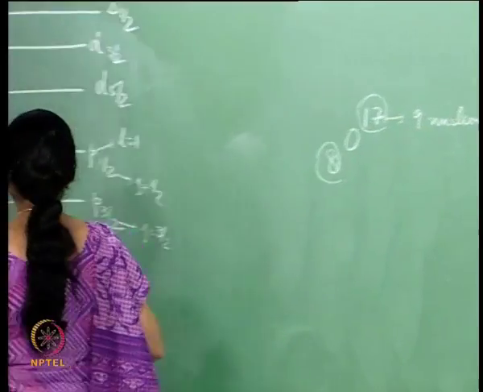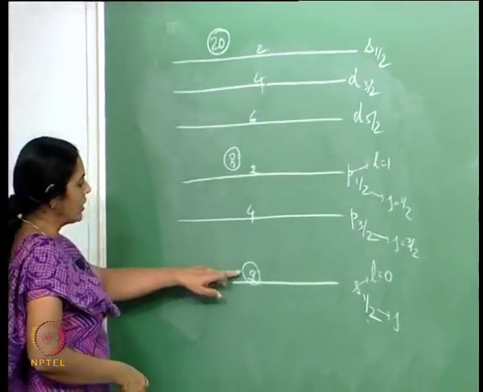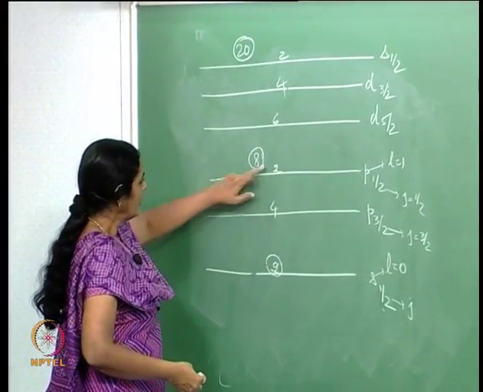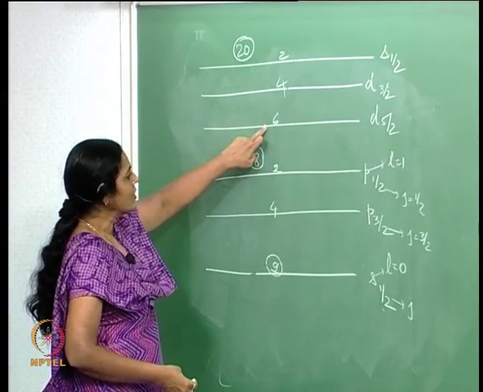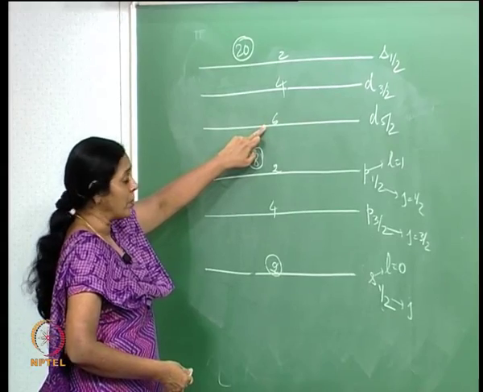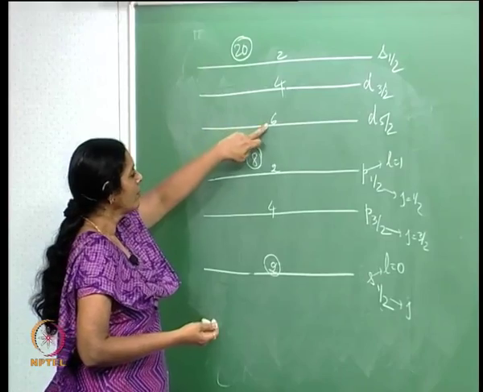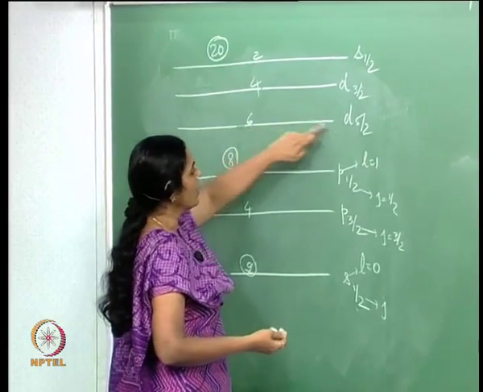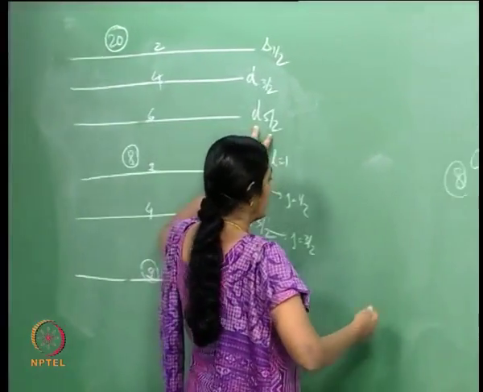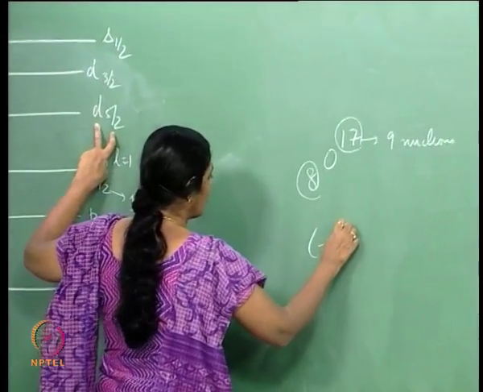So, if you use these to fill those, the 9 neutrons, the D shell is vacant. It can hold 6 neutrons, but you have only put 1. So, this is the outermost shell which is vacant, and the parity is -1 to the power of L.